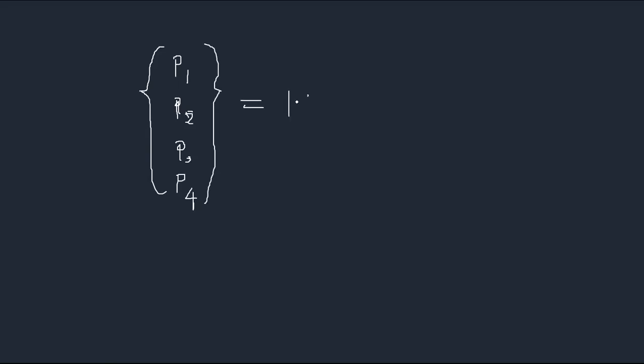So if it is in the global coordinate system, your P1, P2, P3 and P4 are related to some matrix, the global stiffness matrix, times U1, V1, U2, and V2.